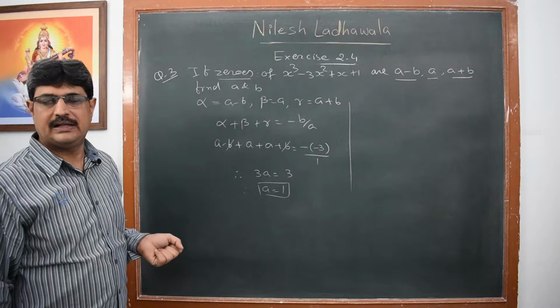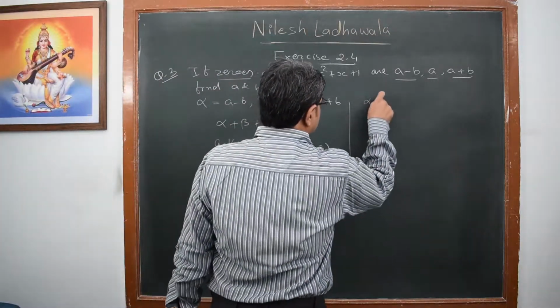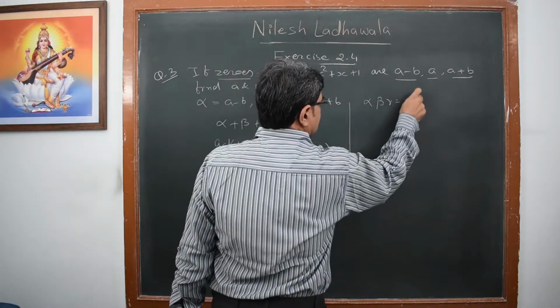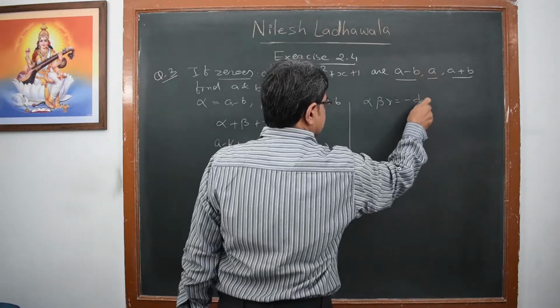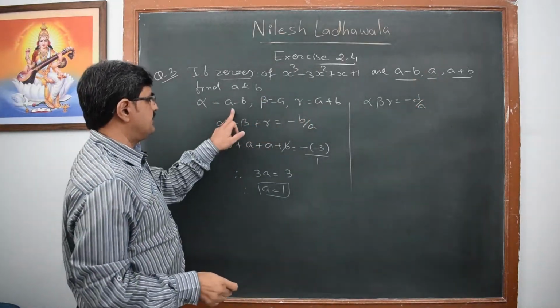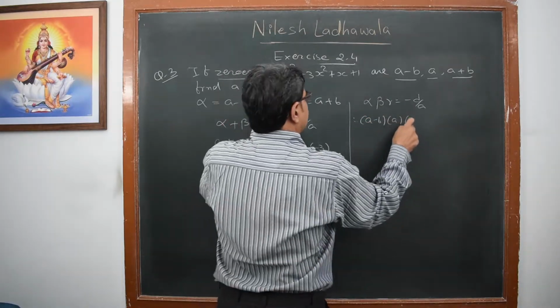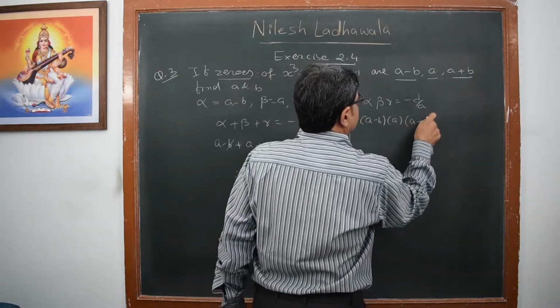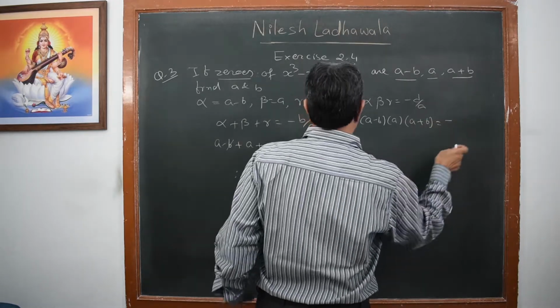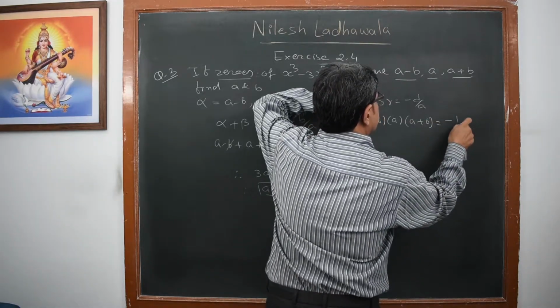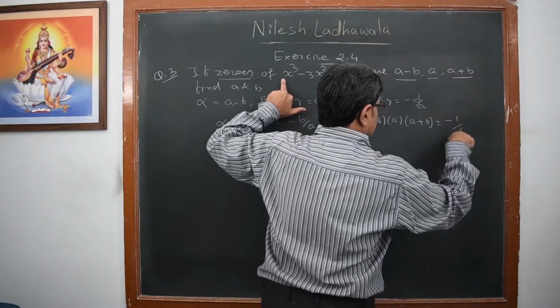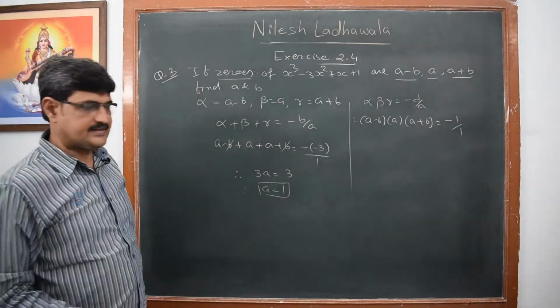Now we have to find the value of b only. Now we know the formula alpha into beta into gamma, that is equal to minus d upon a. In place of alpha I can write a minus b, in place of beta I can write a, in place of gamma I can write a plus b, and that is equal to minus d, where d is the constant, and a is the coefficient of x cube.